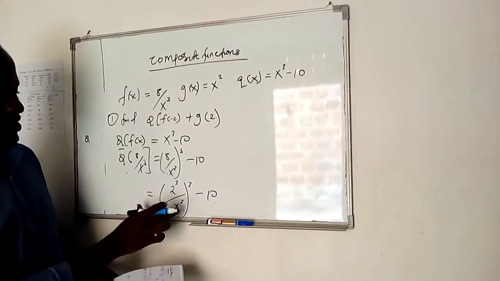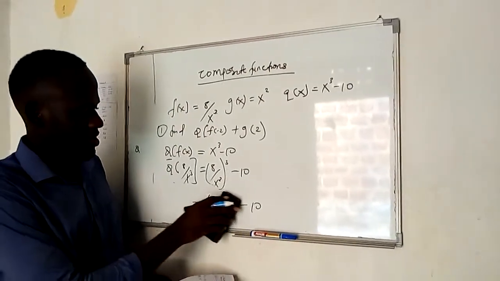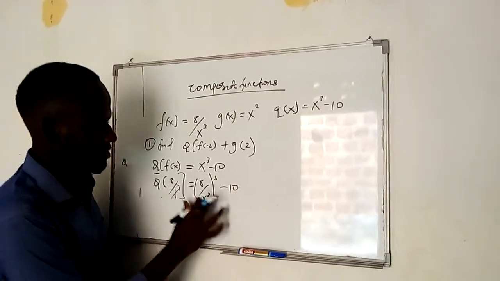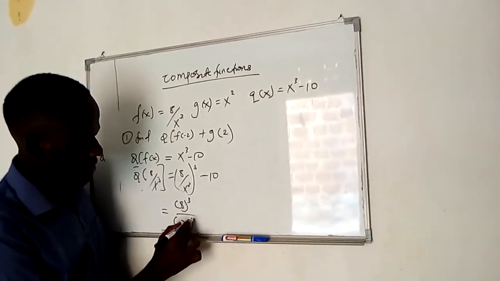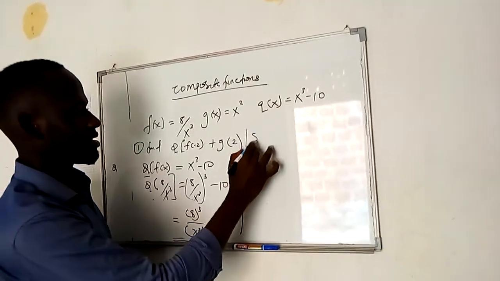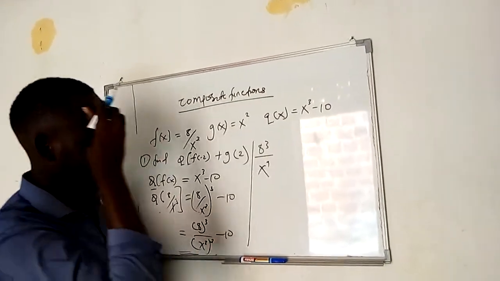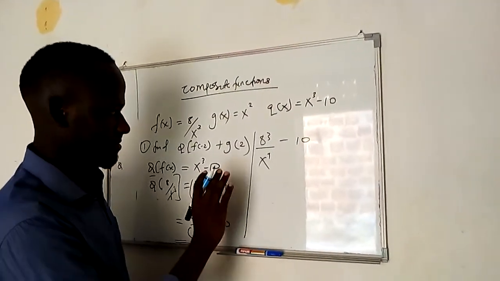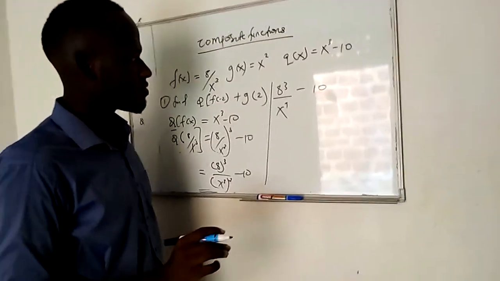So when you reach here, actually, I have found out one thing. Before I break it down into pieces, having this is the same as having 8 cubed and x cubed, cubed, minus 10, which gives us 8 cubed over x to the power 9 minus 10. What is 8 cubed? Let us first leave that and bring in the calculator.